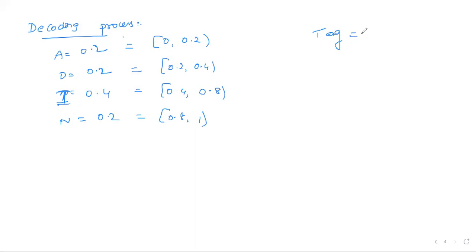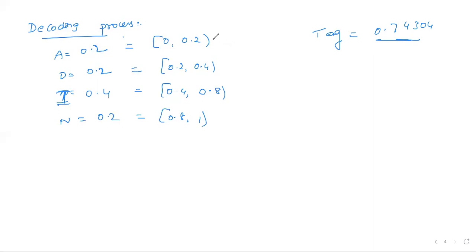The tag value may be like 0.74304. Okay, they will give a tag like this. So now what you have to do is decode this tag. Now observe this tag 0.74304. Which symbol does this tag value belong to?